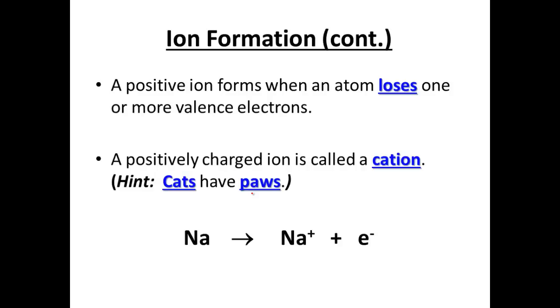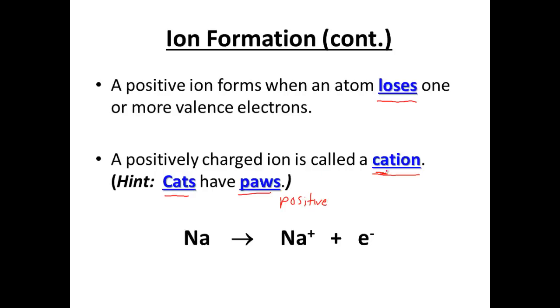The first type is the positive ion. Positive ions are formed when an atom loses one or more valence electrons. We call these cations. Cations are the positively charged particles. To remember this, cats have paws. Cations are positive in charge.